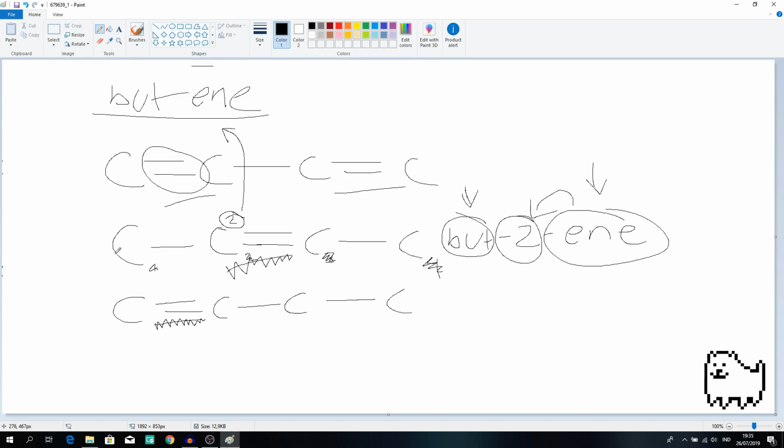So if we were to read from right to left this time, this is C1, this is C2, we'd also receive the same name because this carbon has the double bond, so it would still reach the same name. Understand? Yeah. So over here we could call this one but-1-ene.